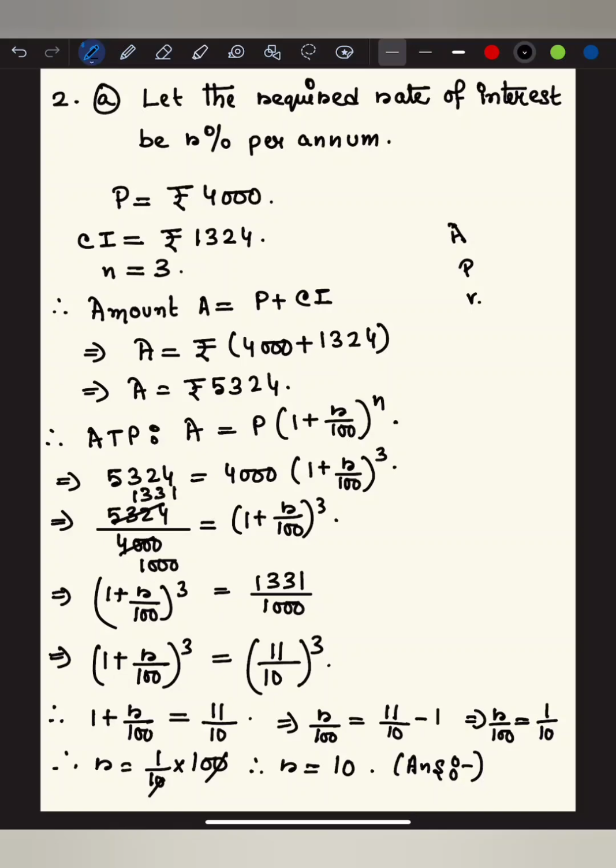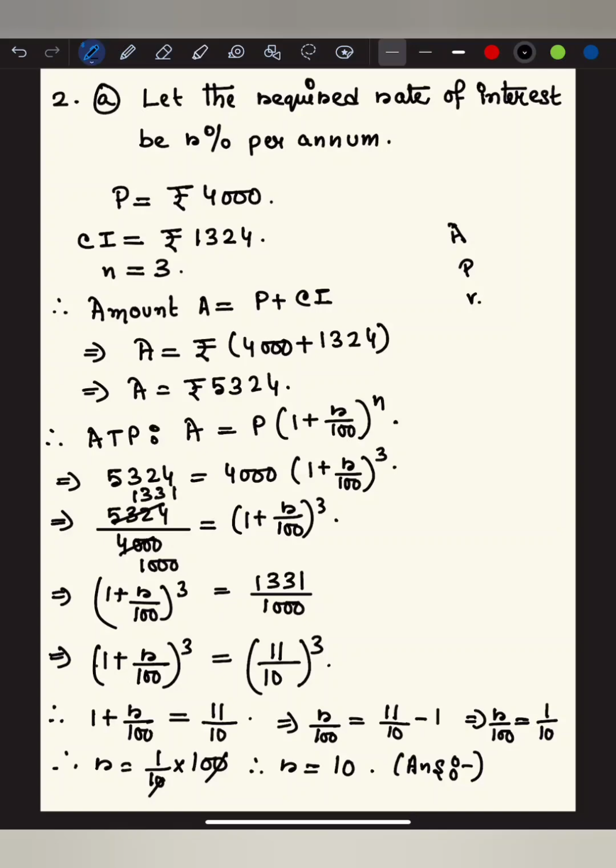So we can write 1 plus r by 100 whole cube equals 1331 by 1000. I have just exchanged the sides, which implies 1 plus r by 100 whole cube equals 11 by 10 whole cube, because 1331 is 11 cube and 1000 is 10 cube.